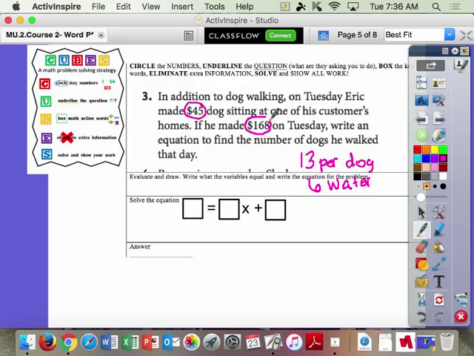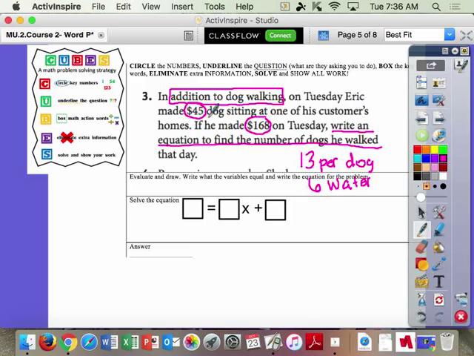He made $168 on Tuesday. Write an equation to find out the number of dogs he walked. What am I forgetting? Circle, underline, box. So this is in addition to dog walking, kind of important, right? Because that means that we're going to have to use this information from the last part of the last problem we did.